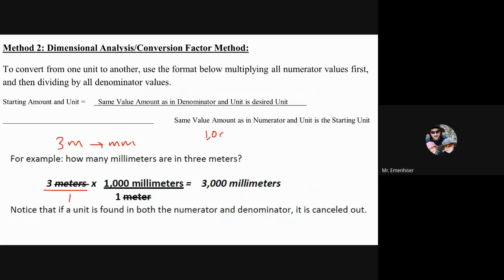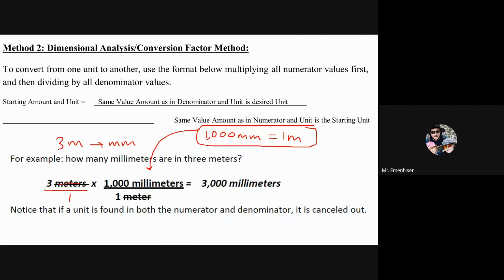And the answer is 1,000. 1,000 millimeters is equal to 1 meter. So I take this and I write it right here. I put the unit that I need on top. I'm going from meters to millimeters, so the unit I need, the millimeters, has to go on top, and then 1 meter on bottom.